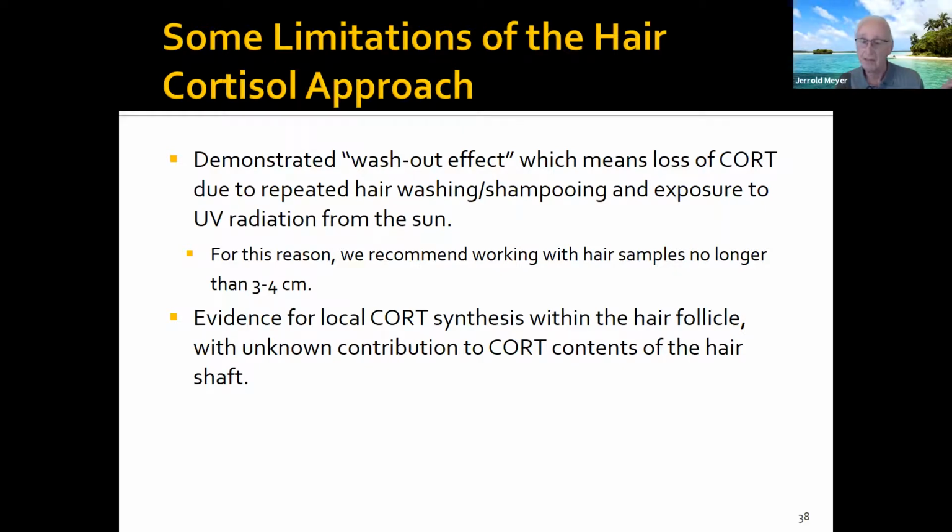Now keep in mind that the whole premise of this biomarker is that you're measuring cortisol that was in the blood, that came from the adrenal glands, and that is sensitive to stress, especially chronic stress. So what's this all about? And how do we need to think about it?